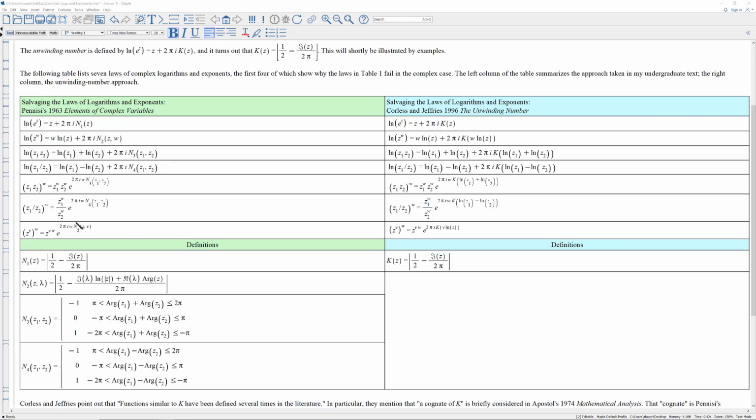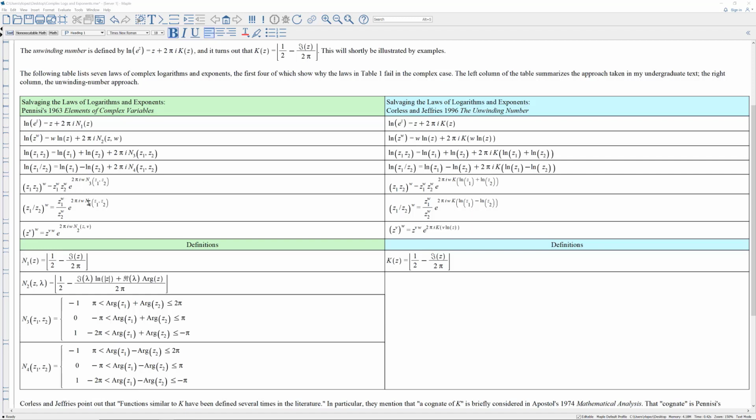And here are three additional laws of logarithms that change in the complex plane. A product raised to the w, can you distribute the exponents? Only if you put in this adjustment factor. This adjustment factor contains N3. You have a quotient. Can you distribute this exponent?